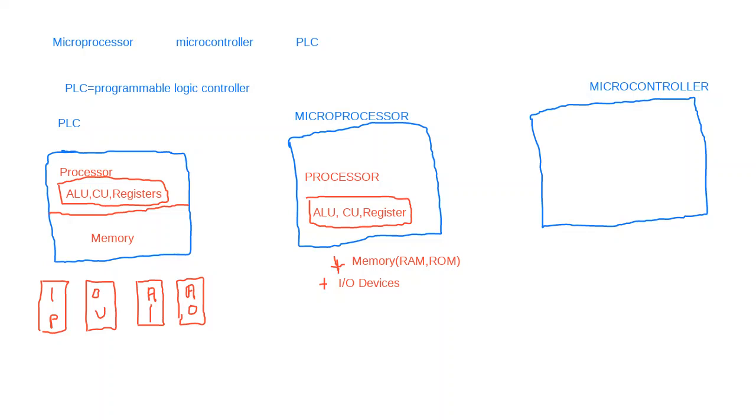IP and OU are also known as digital input and output, and similarly we have AI, analog input, and AO, analog output. If something we are getting in the form of digits, that is basically digital.